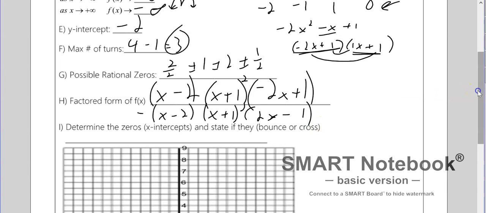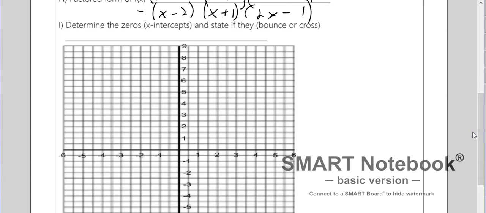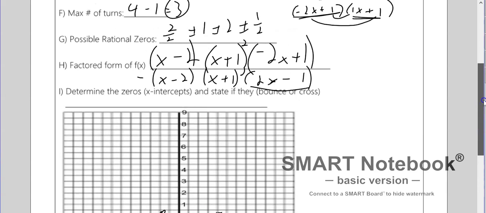So, what do we do here? So we have a spot at 2. We have a spot at -1 where it's going to bounce. And we have a spot at this right here is 1/2. So this actually has a space for it, so we'll go with that. We said, did we do the y-intercept on this one?